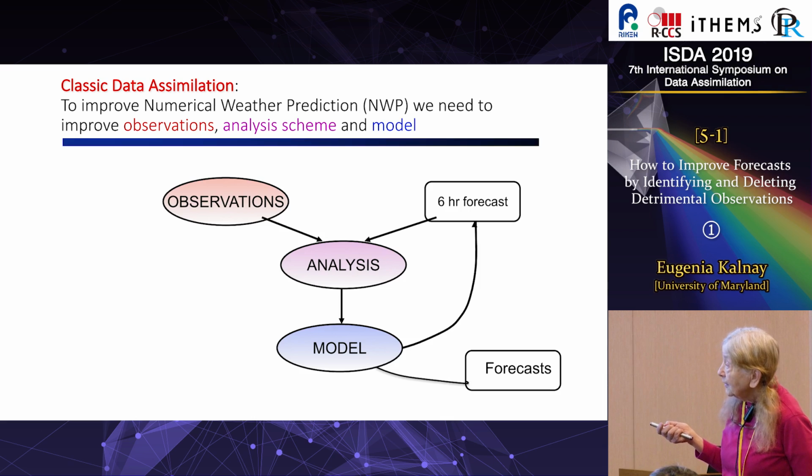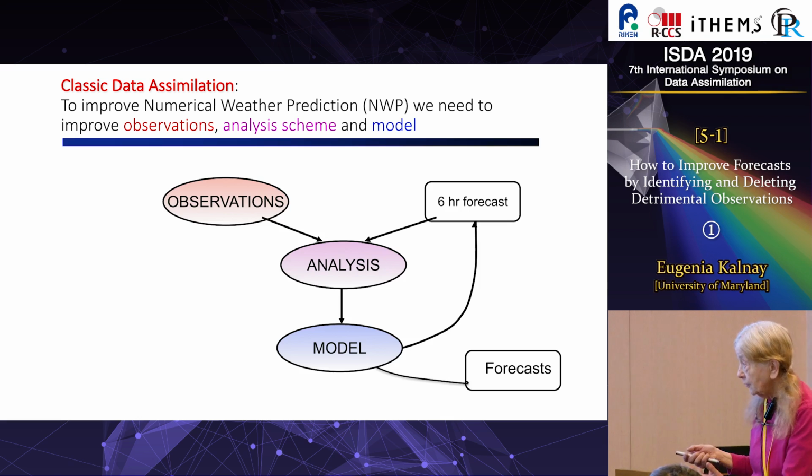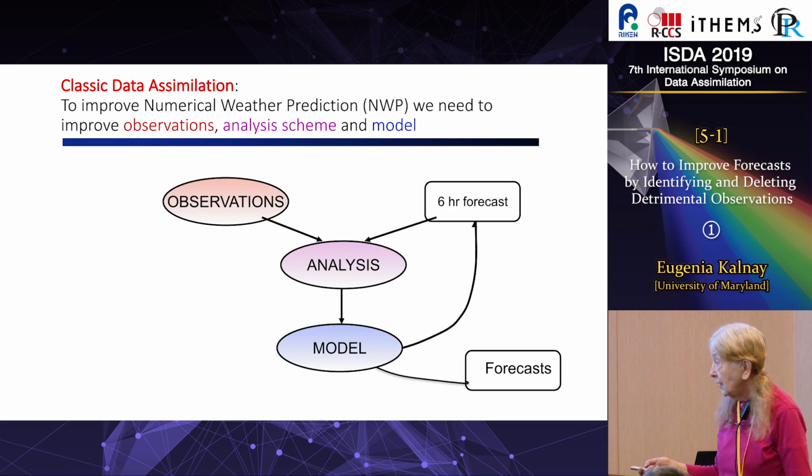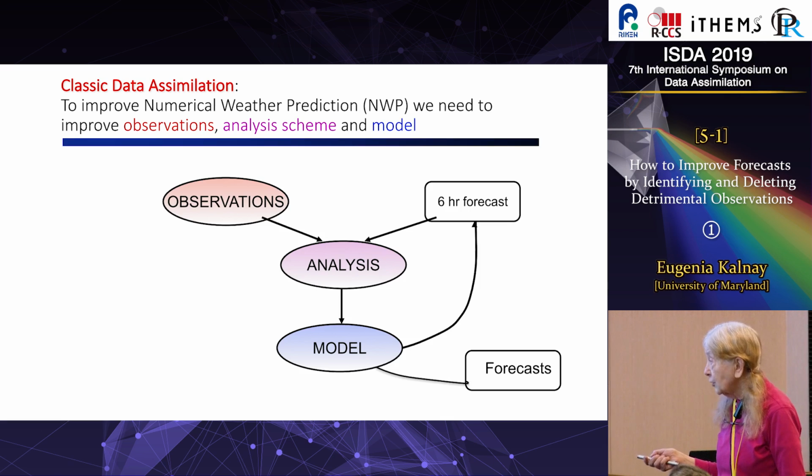And the analysis, combining observations and the forecast, creates the initial conditions for the model, and the model produces a 6-hour forecast. This is the classic data assimilation cycle, analysis cycle, and then there are operational forecasts.